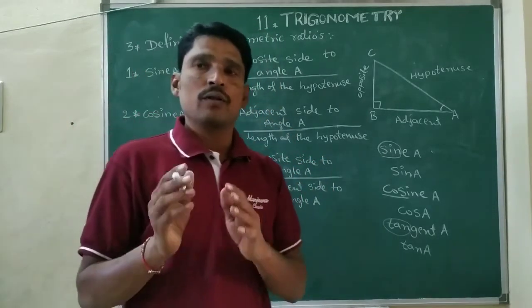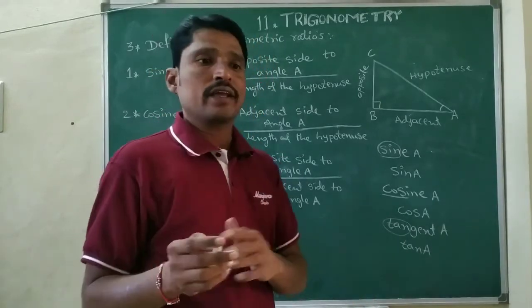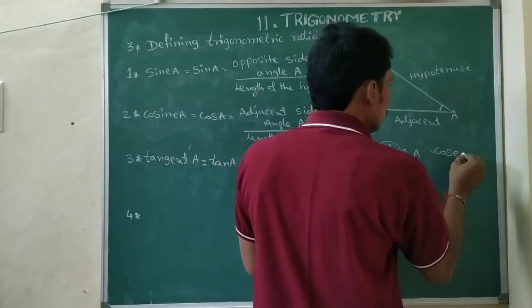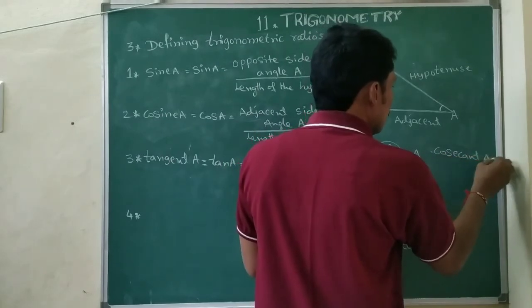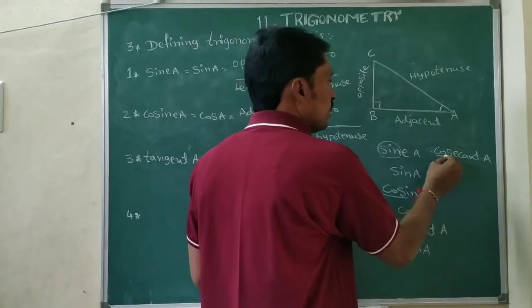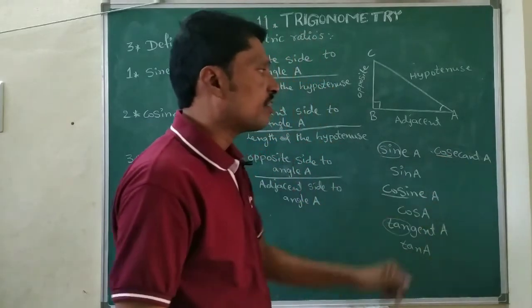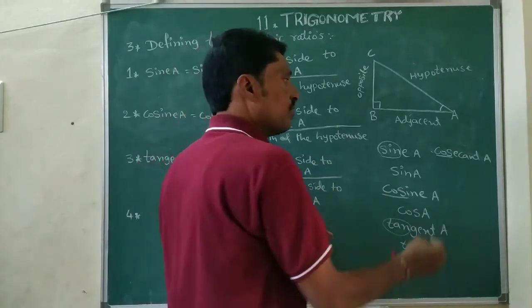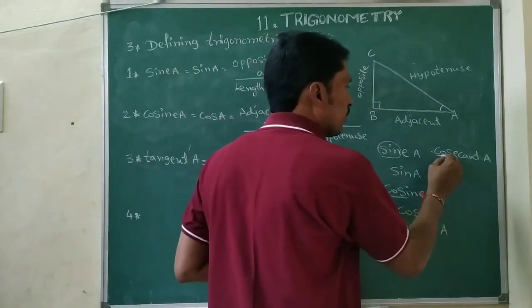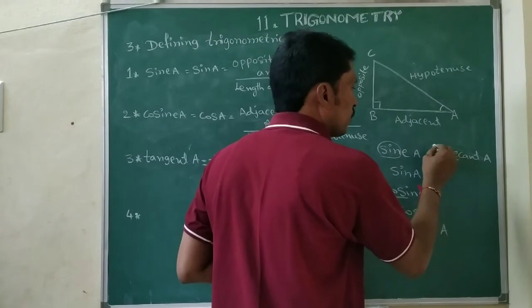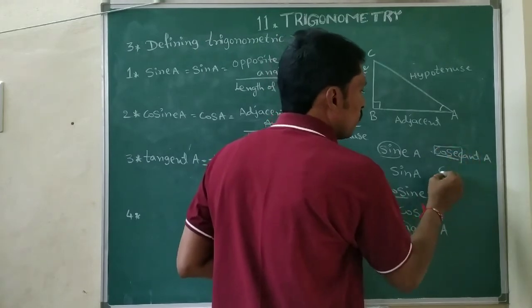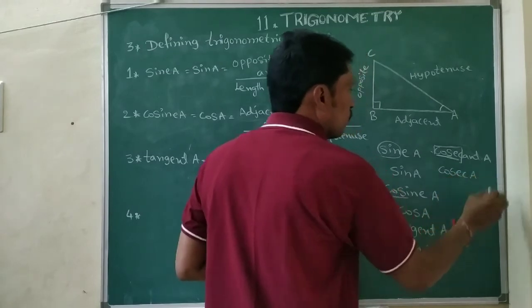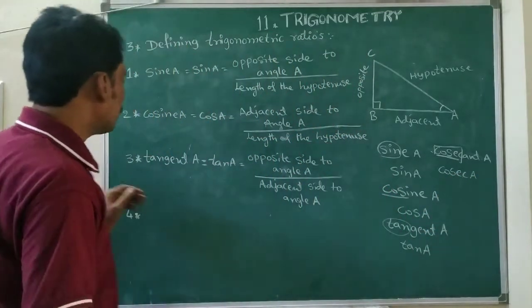This ratio will be named as cosecant, cosecant A. If you take the first three letters you get cos, and we already took that one. So for cosecant you have to take the first five letters, so cosec, C-O-S-E-C, cosec A. So what is cosecant?